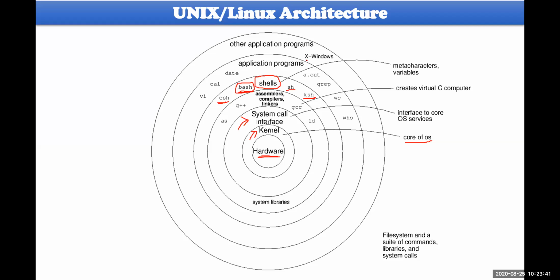X Windows is one kind of application program, and then video drivers, audio drivers, and different kinds of other application software which activate different parts of your computer. So this is what the Unix or Linux architecture is about.